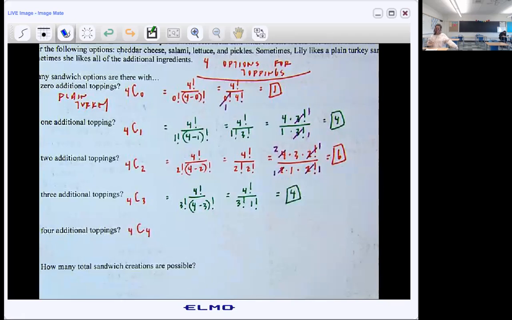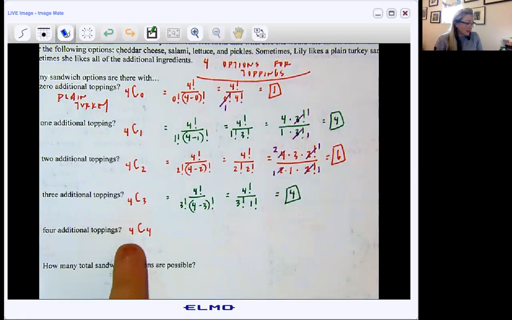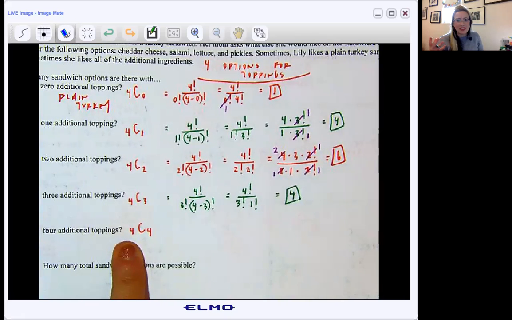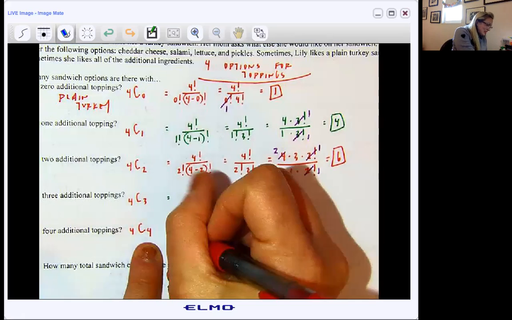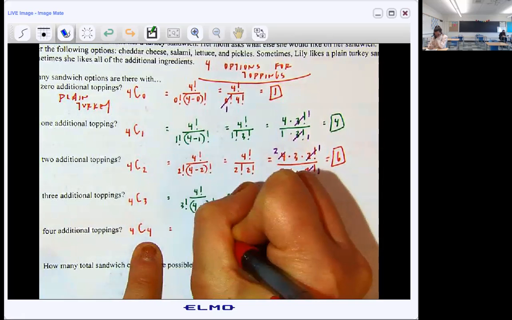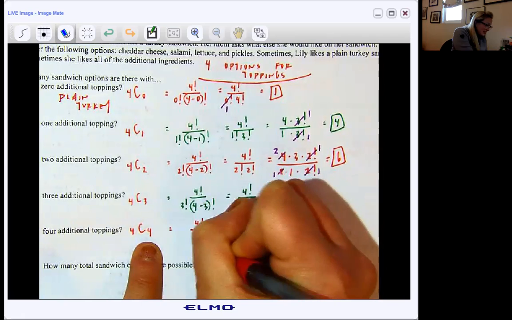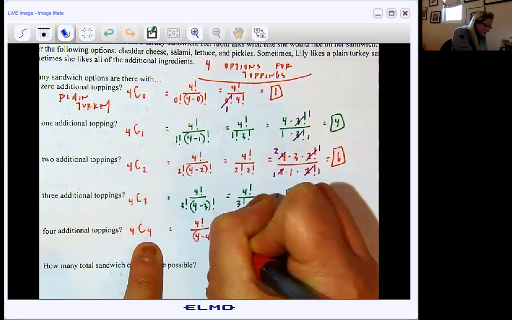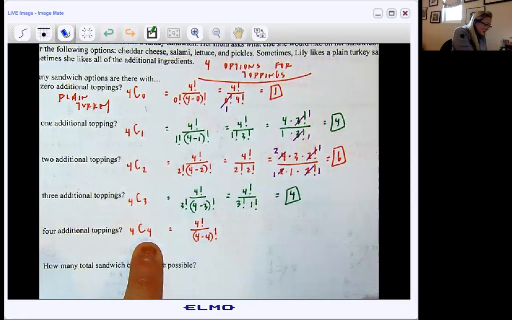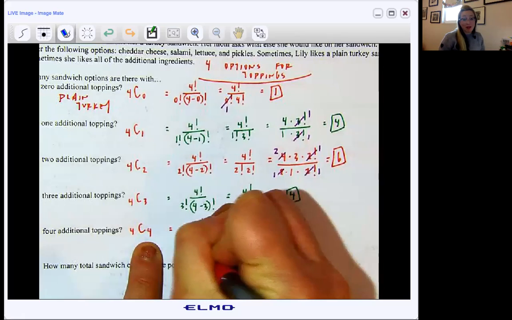And if I have 4 choose 4, if I have 4 additional ingredients and I'm picking all of them, there's only one way that can shake out. But let me again show you the mechanics. So 4 factorial over 4 minus 4 factorial. And then the duplicates, 4 factorial right there.